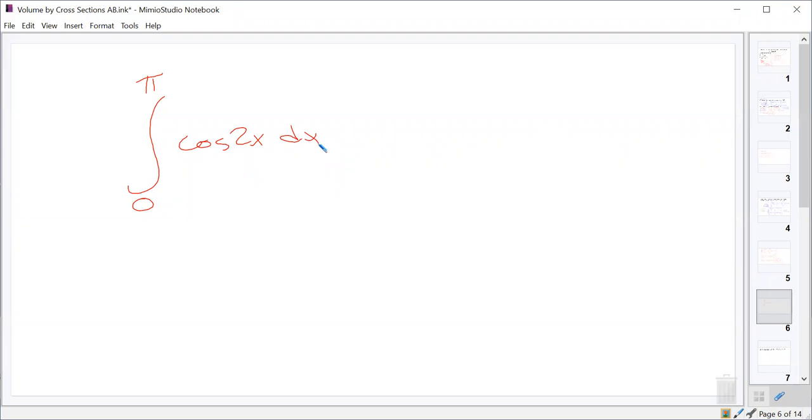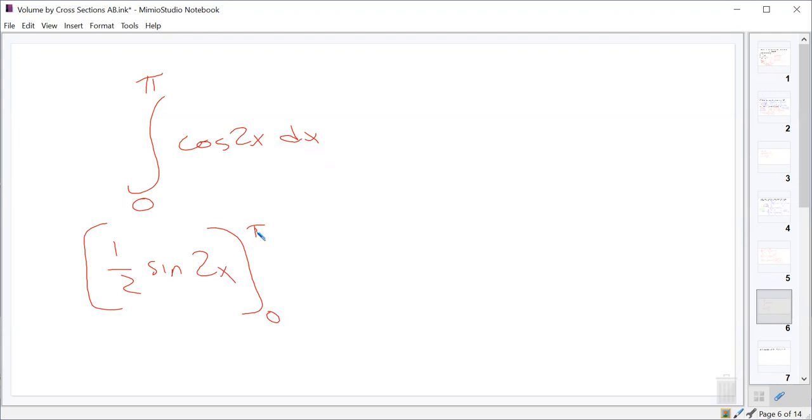So this would become 1/2, and then I know that it's cosine u, so the integral of cosine is sine, so now sine u. Well, what was my u? My u was 2x, so it's 1/2 sine 2x. And then I would be able to leave it at 0 to pi, and I don't have to change the limits because I've in my head brought it back to being 2x. Does that make sense? That's what I mean.